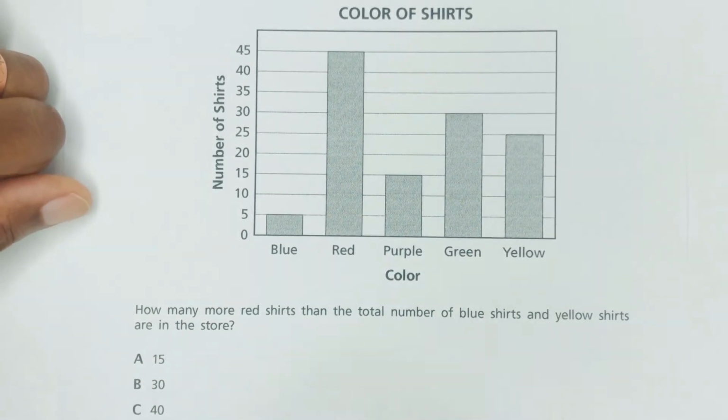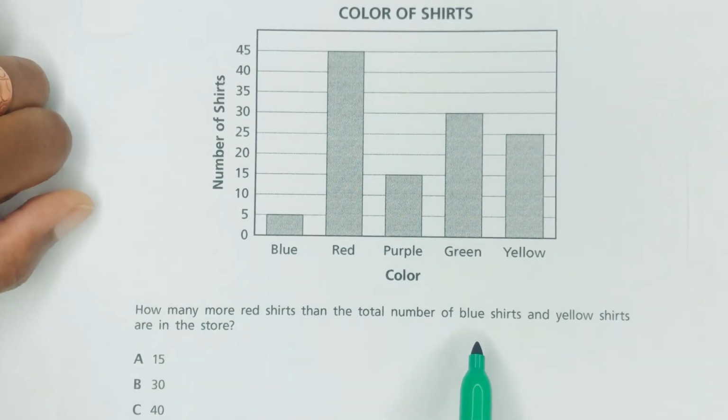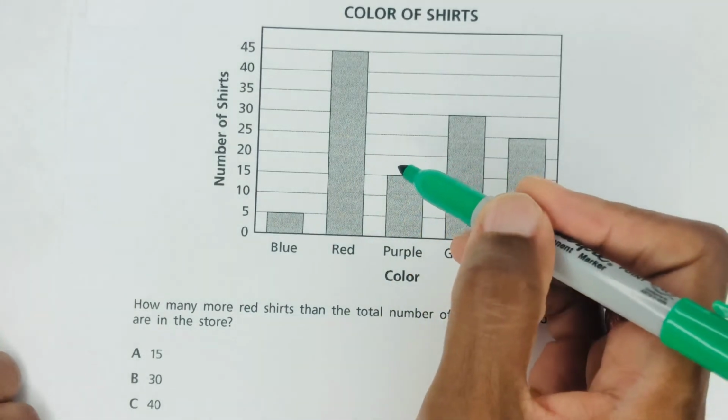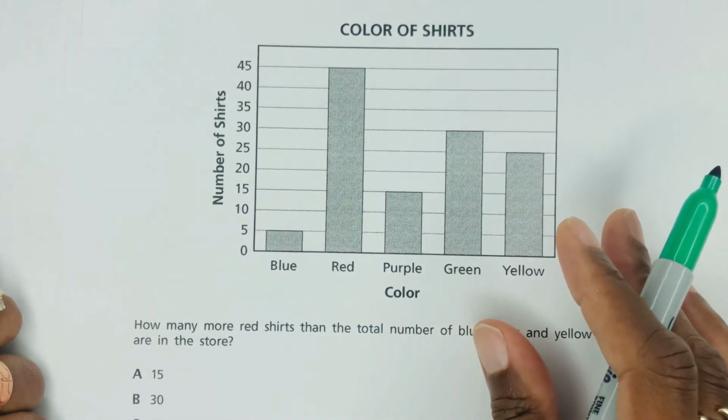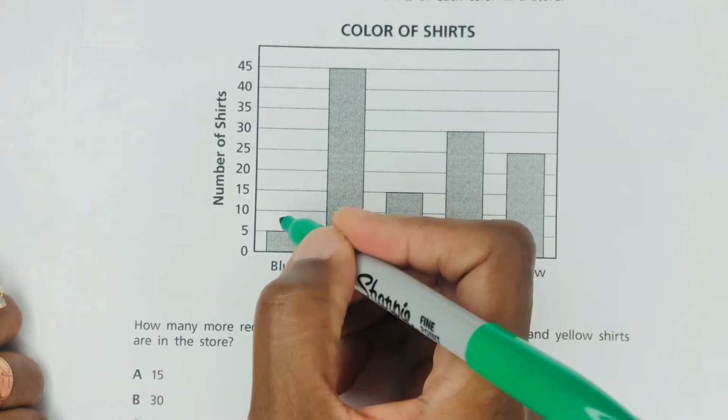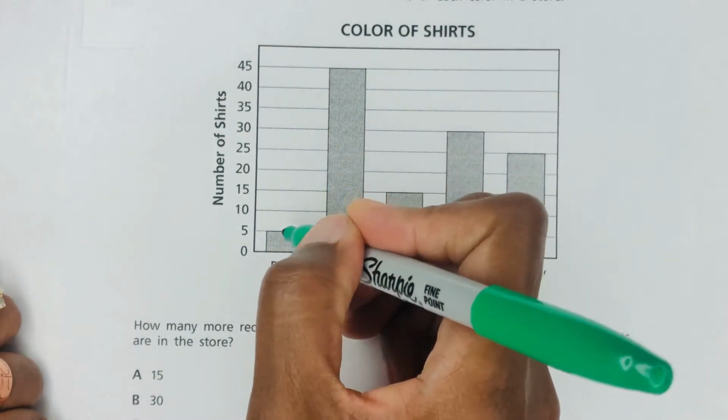Let's read the question. How many more red shirts than the total number of blue shirts and yellow shirts are in the store? Okay, so here we have the shirts. Once again, we're going to put the numbers on, so that we're not constantly looking back to see what the numbers are. It will just be there visually for you, so make it nice and visual.